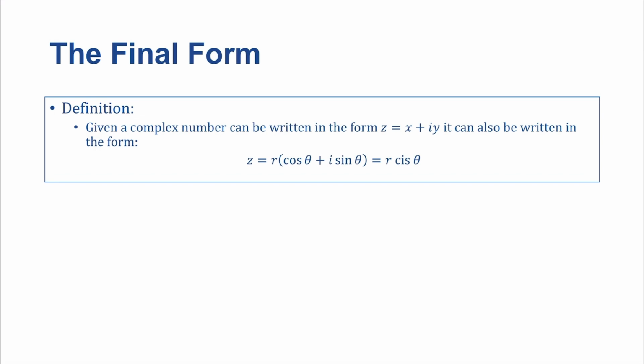Now we want to put it all together into the final form using the following definition. Given that a complex number can be written in the rectangular form z equals x plus iy, it can also be written in the form z equals r times the cosine of theta, which represents the real part.